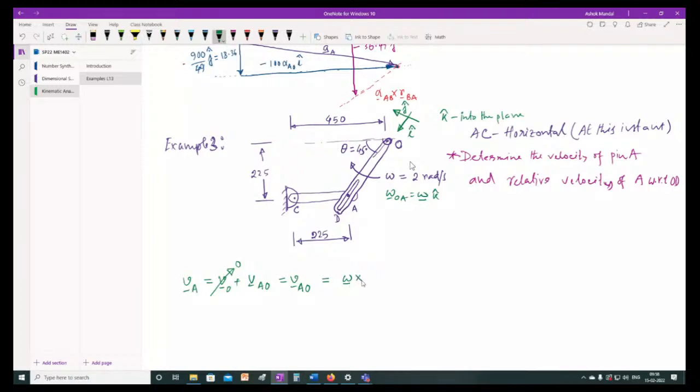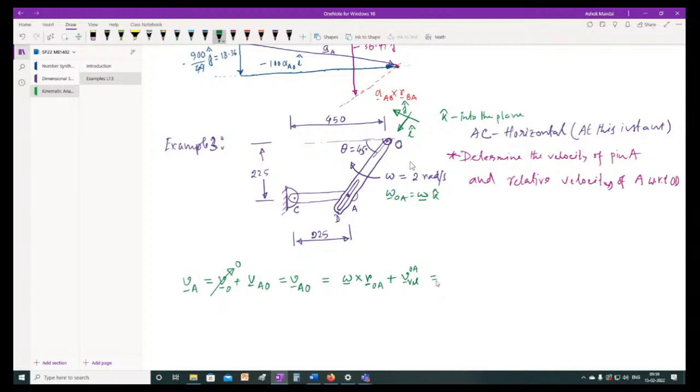So I am writing omega cross R OA, plus anything else left? dr by dt, the V relative of the link OD.